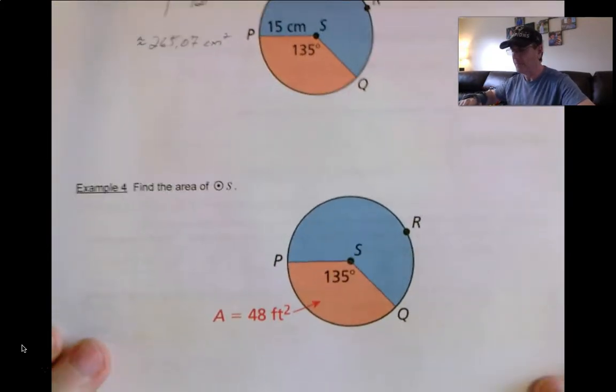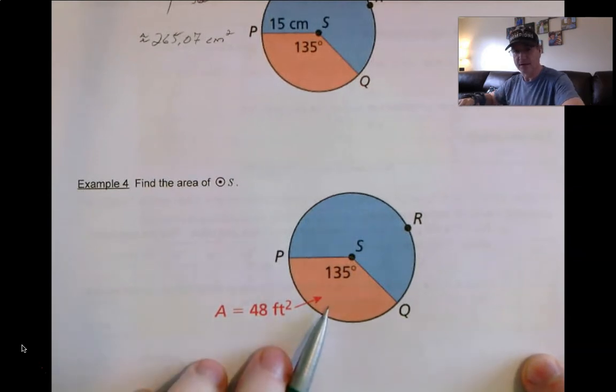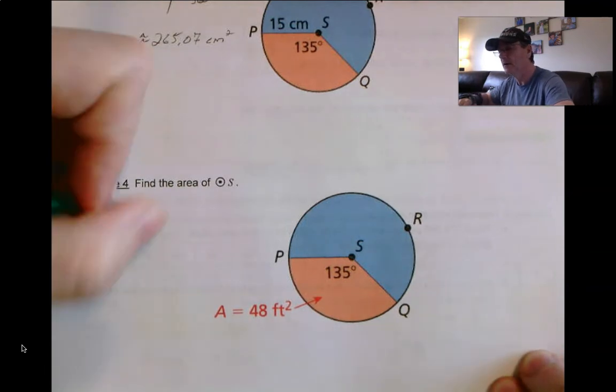Example 4. Same circle, same sector. This time I'm telling you the area of the sector. We want to figure out the area of the entire circle. Okay?